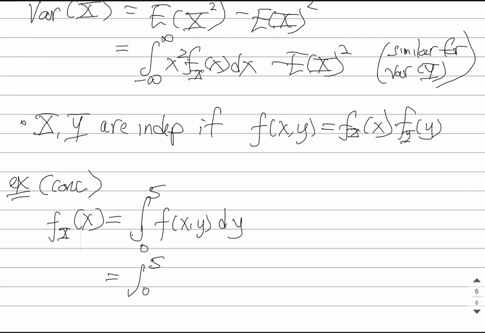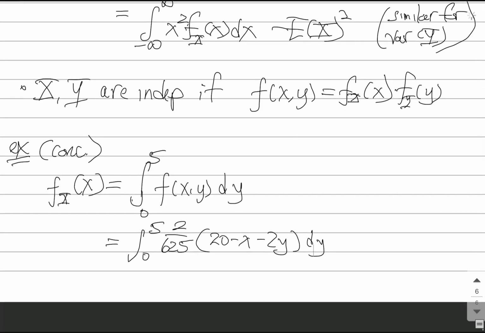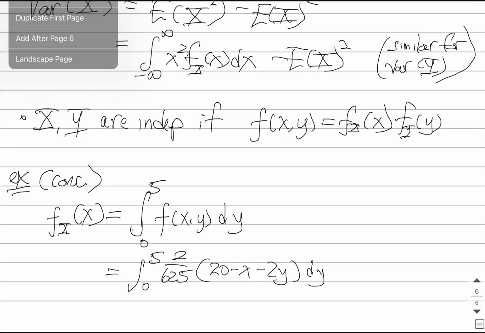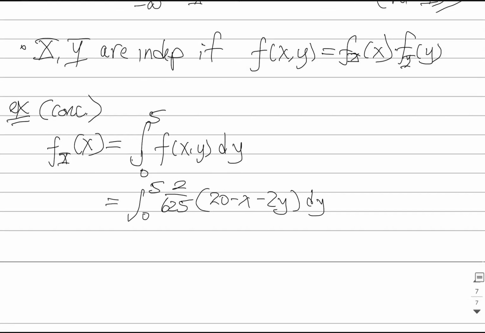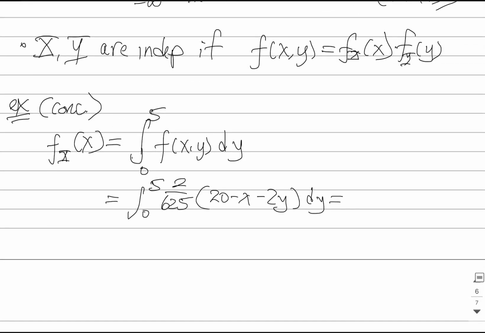So I'll get an integral 0 to 5, and I'll have to put in the full joint density. And I integrate over all the y's. So this is very similar to what was done earlier. But if you were to follow the same steps, you would end up with 2 over 125 times 15 minus x. So this is something that you should verify on your own.